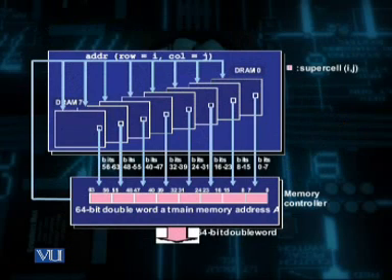That means each cell is a supercell of 8 bits and it is organized in the form of a row column structure having 8 megabyte of memory in each module.